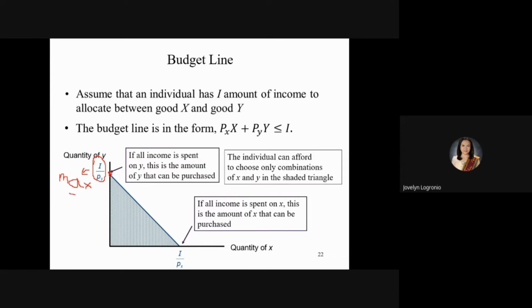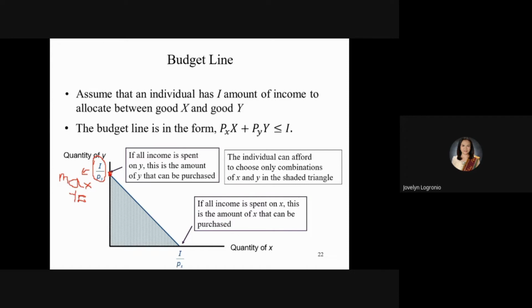So, halimbawa, may income ka ng 100 and you want to buy pizza at 10 pesos per slice, so the maximum number of slices or maximum quantity of pizza na pwede mong mabili ay 10, di ba? So, this point, the value here is equal to 10, which is I over price of Y.